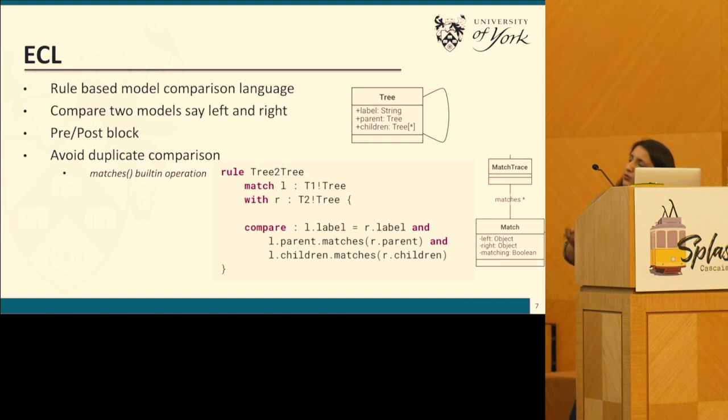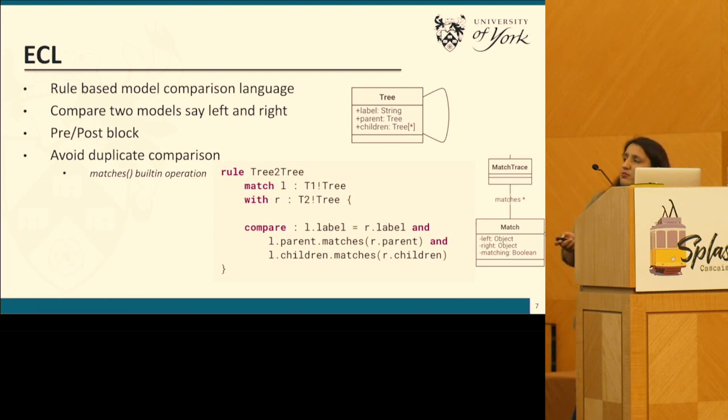Then we have a compare block which specifies the matching logic. What's happening here is we're checking if the label of the tree is similar, and the parent of the left tree is the same as the parent of the right tree, and also the same for the children. The important thing here is this matches operation, because this is not just an equal operation.